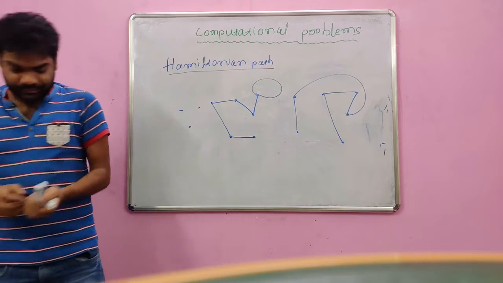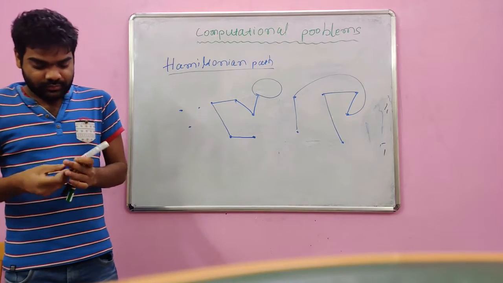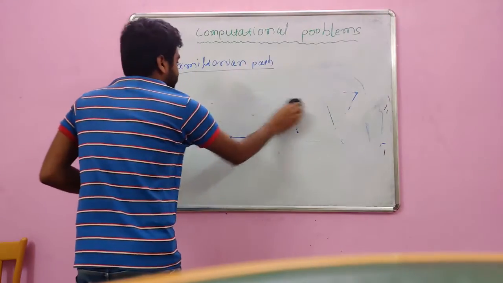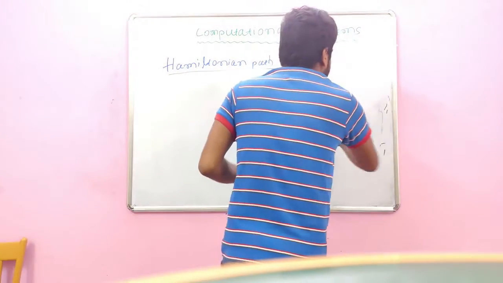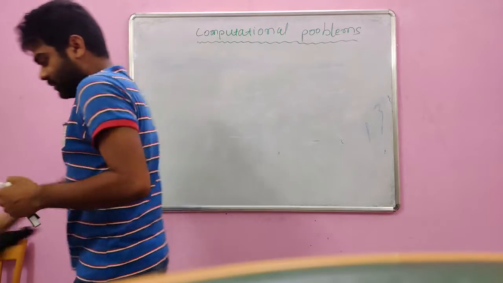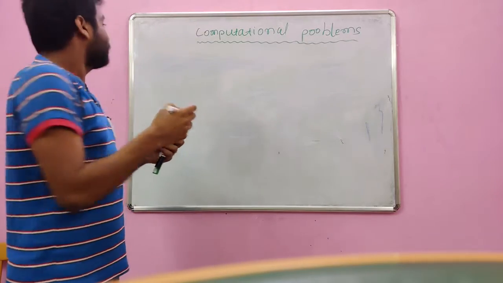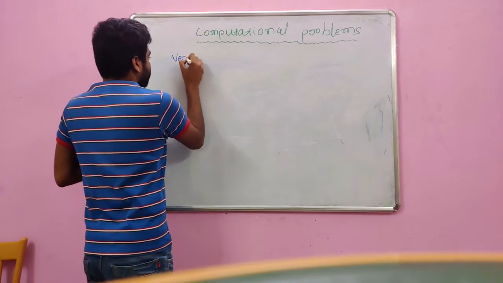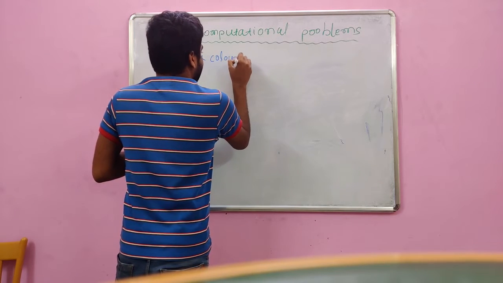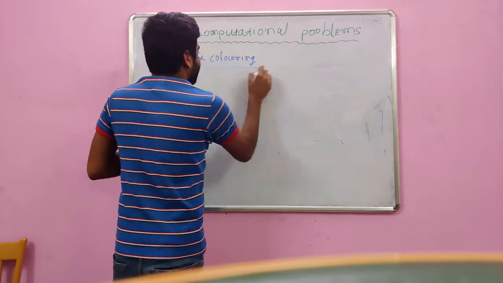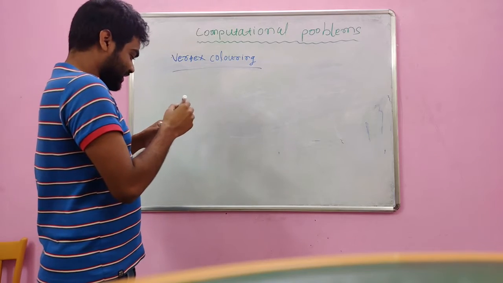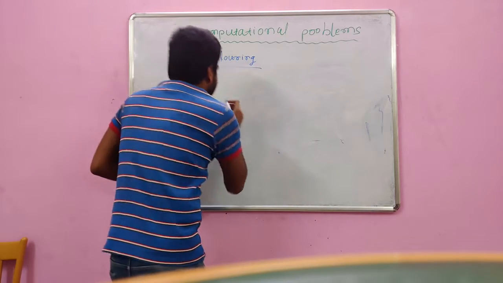Vertex coloring. This vertex coloring requires many colors, so I am using three types of colors. Suppose I have a graph.